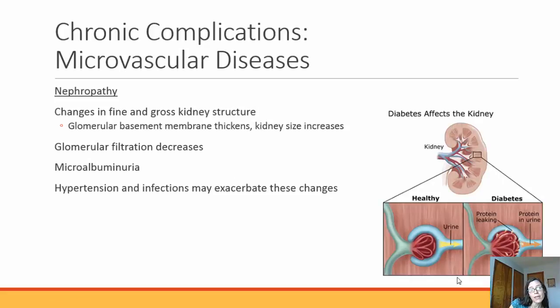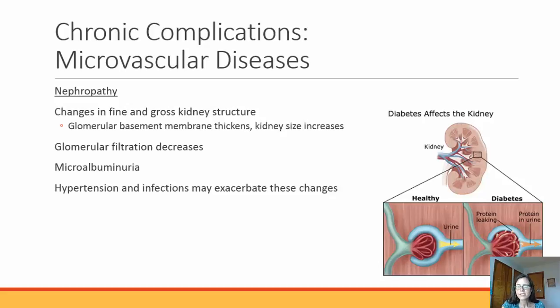We have our nephropathy, where we have such high glucose that it leads to changes in the structure of the kidney. So the glomerular basement membrane actually thickens, and the kidney size increases, and it just doesn't work as well. We have decreased glomerular filtration rate. We're getting protein into our urine because our kidney is just not doing nearly as good of a job of filtering it out.